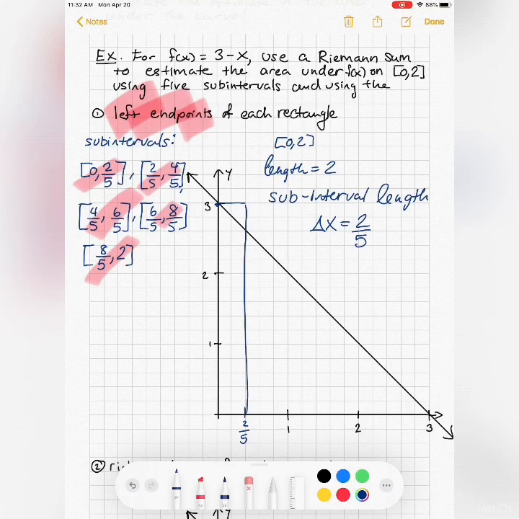Okay, there's my first rectangle. Okay, next one, 2/5 to 4/5. So the left endpoint's going to be here. Looks something like that. Okay, left endpoint.